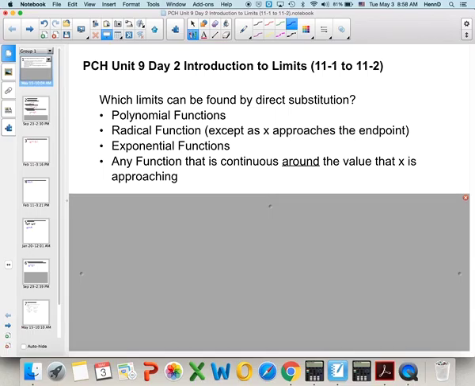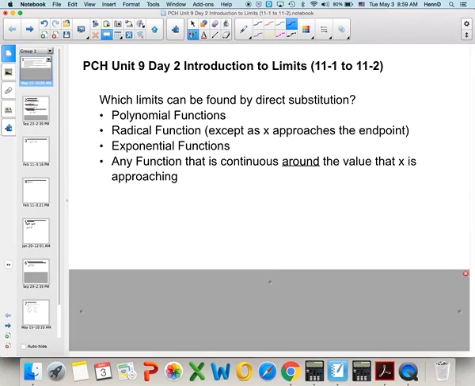And really this last one here summarizes it, but it also incorporates any other type of function as long as the function is continuous around the value x is approaching. You can just evaluate the limit by direct substitution. Okay?